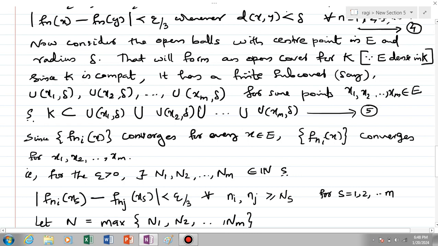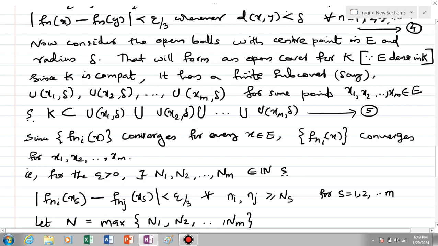Okay, that will clearly form an open cover for K since E is dense in K. Since E is dense in K, the points of E are everywhere in K, and so we can see that it will form an open cover for K. And since K is compact, this open cover has a finite subcover, say U(x1, delta), U(x2, delta), etc., U(xm, delta) for some points x1, x2, etc., xm in E. Clearly, K is contained in the union of these open balls. Let it be equation number 5.